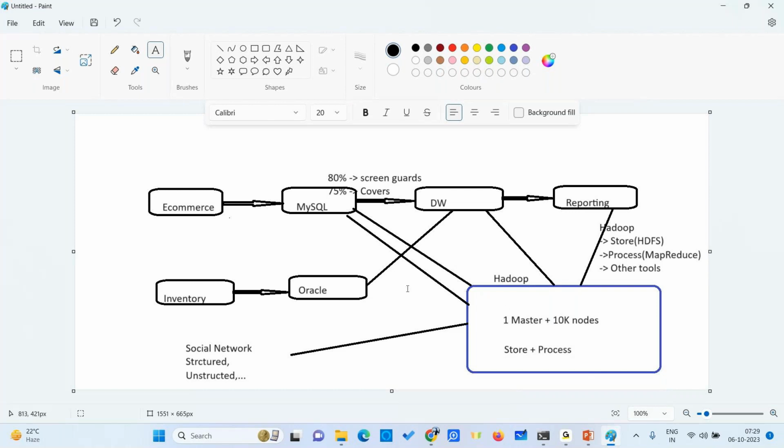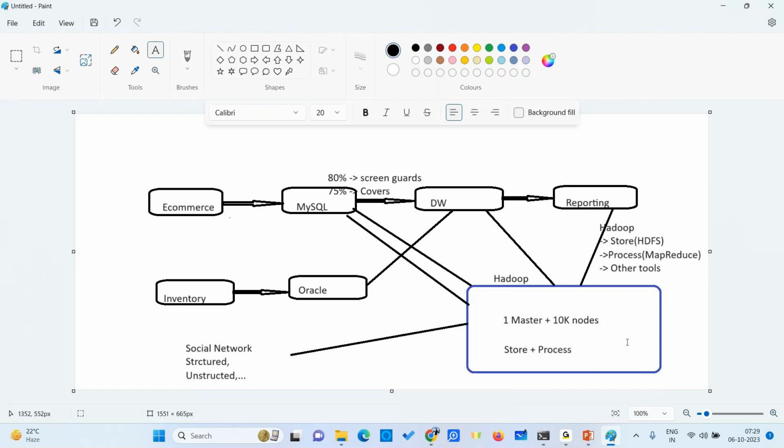So this is one sample example. See, only having this data is not sufficient. They have other formats of data from other sources, so they are not able to perform those operations as well as the storage in this single data warehouse. They need a big data file system, that is called the Hadoop system.